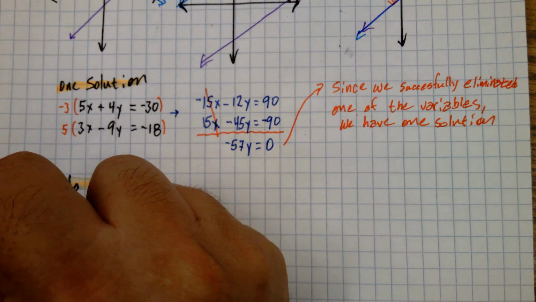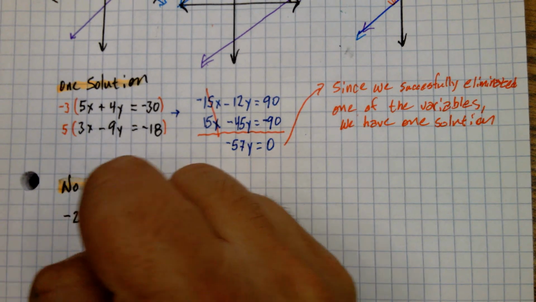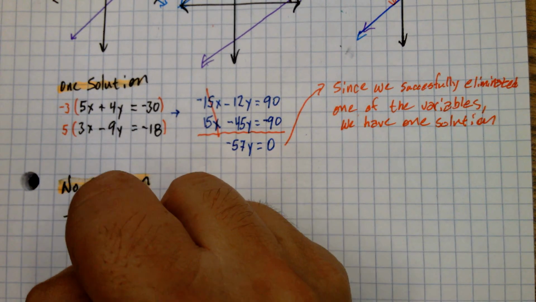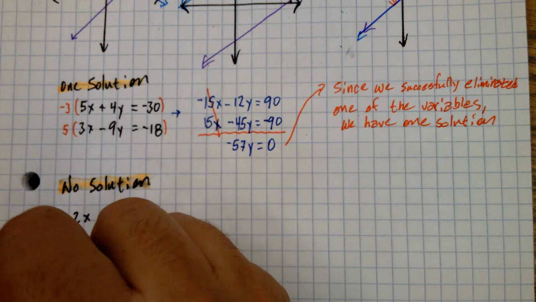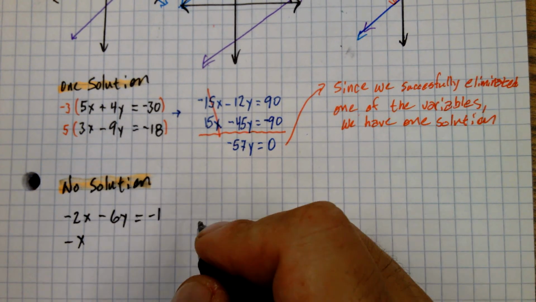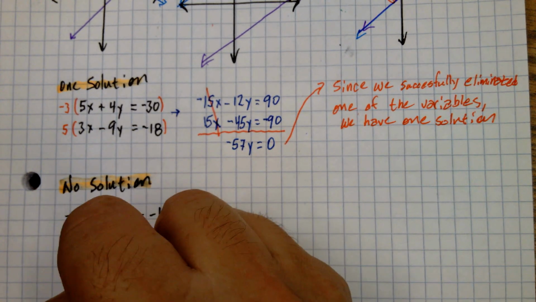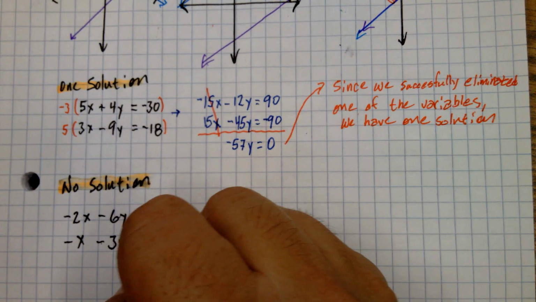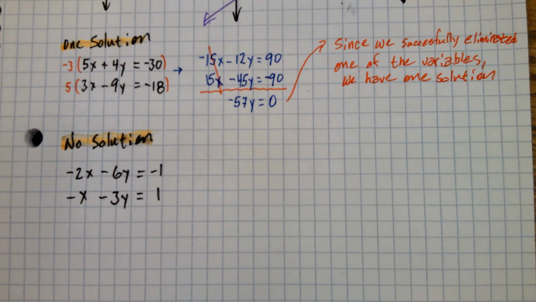Negative 2x minus 6y equals negative 1. And we have negative x minus 3y equals positive 1. Okay, write that one.